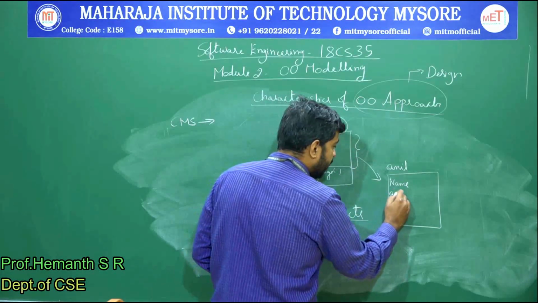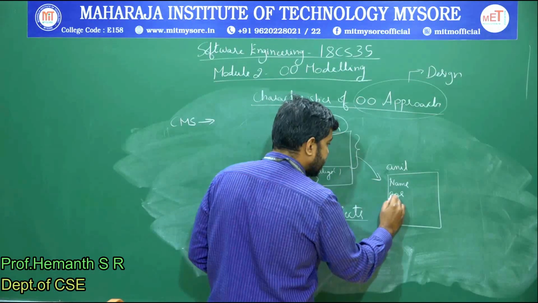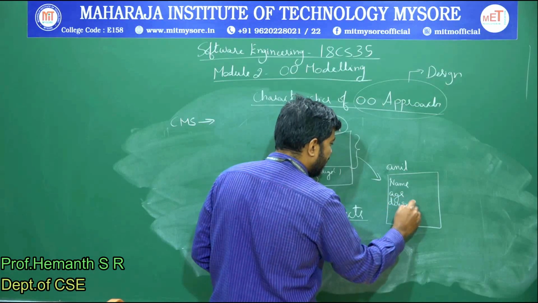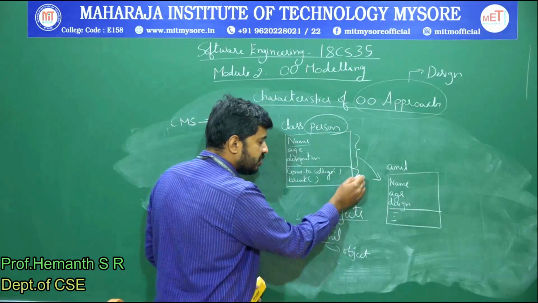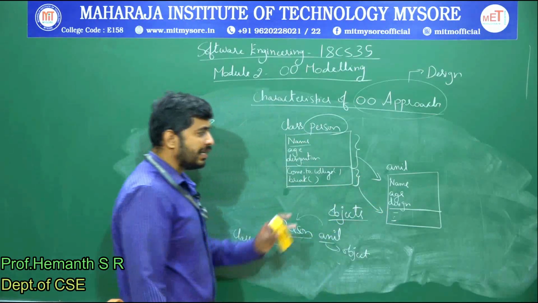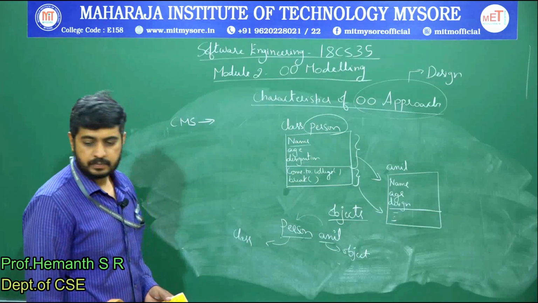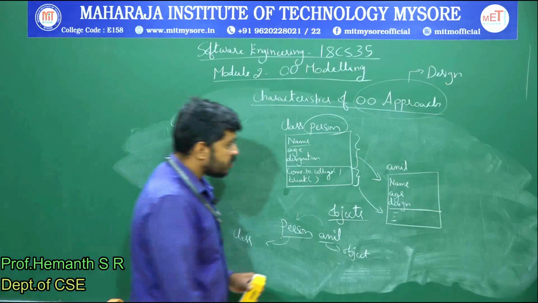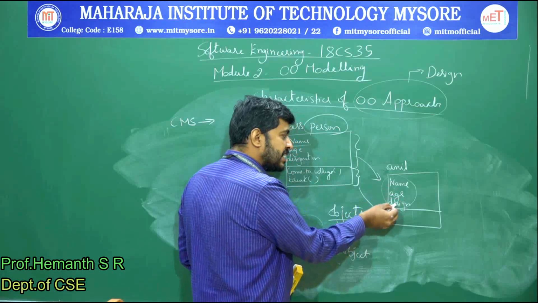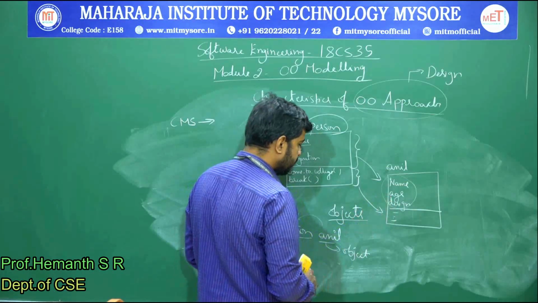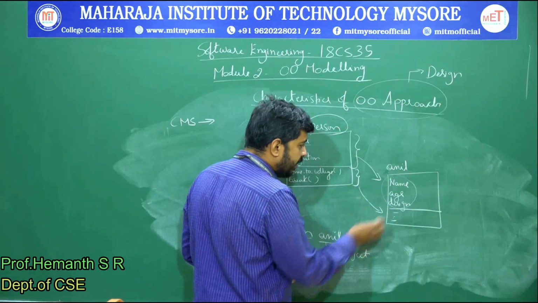Age is there, it is copied. Designation is there, and also all the operations will be copied. This stuff is also copied here. Anil object is created. So name, age, designation are the attributes here.